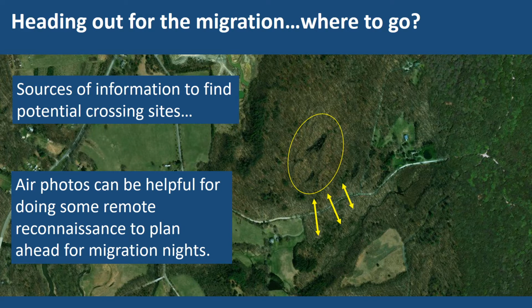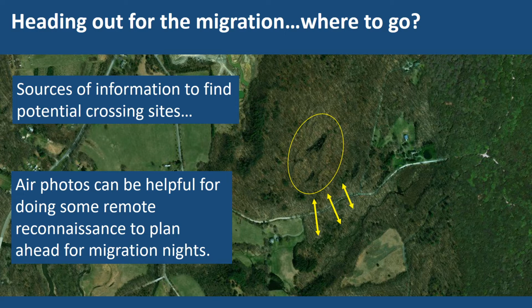So some of the sources of information to find potential crossing sites include air photos. They can be very helpful for doing remote reconnaissance to plan your evening out and looking for migration locations. In this photo here, I've circled a couple of wetlands that look like woodland pools based on the signature on the air photo of dark open water with maybe a few trees or shrubs there in the center.